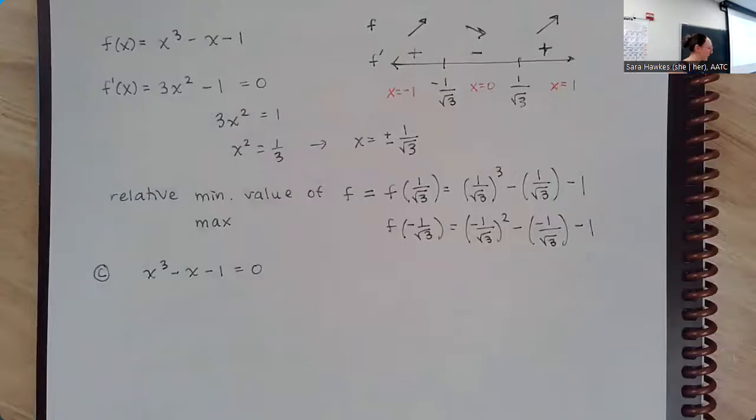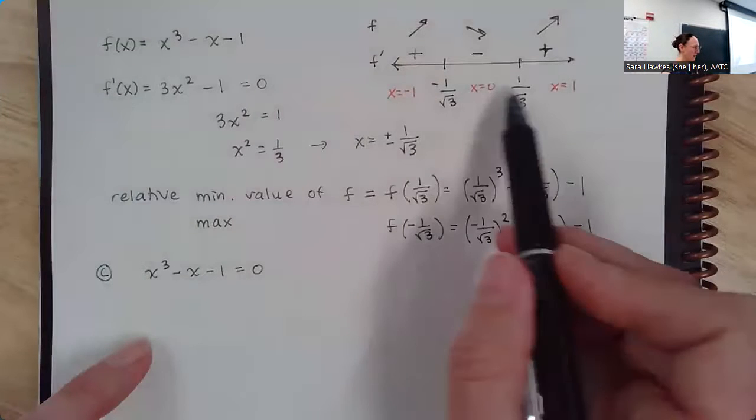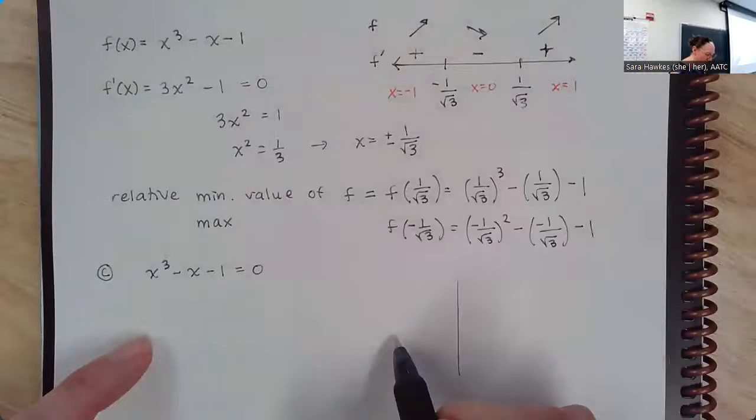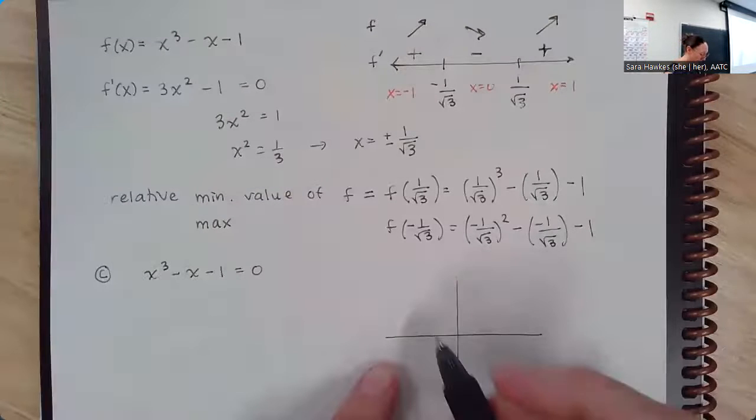So if you wanted to, we could show that there is a solution by using the intermediate value theorem to show that there is at least one solution to this. I didn't ask us to do that in this question. I just asked us to find the positive integer nearest the solution. So couple options. We know where the relative max and min are, which means we can do a quick sketch. I know it's a cubic.